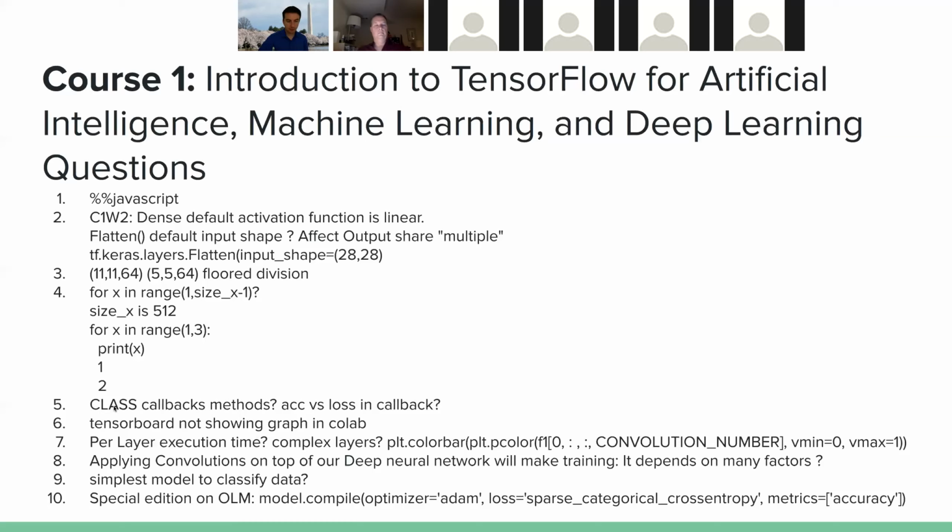Then, yeah, I'm interested in figuring out what size X is. 512, then 511 is actually the last pixel because it's 0 to 511. Sure, that's 0 to 511. Yeah, I understand that. So size X would be 512. So then this would be 1 to 511, but this is range, and what that does is it completely ignores the last part. So this would be 1 to 510.